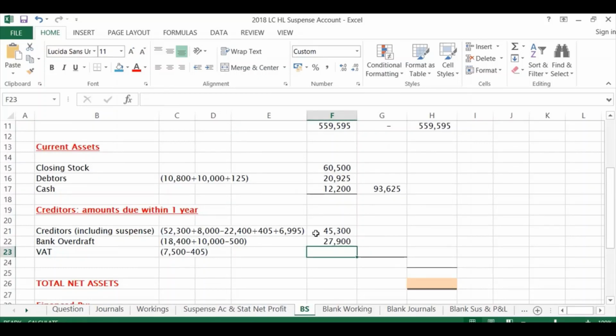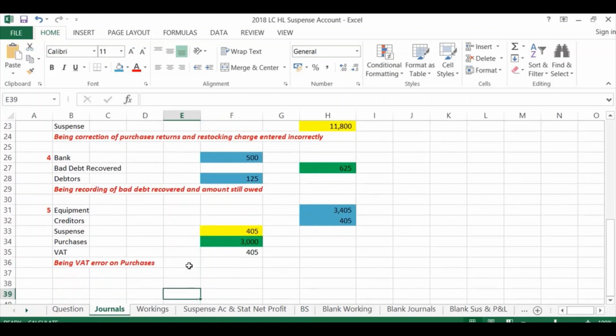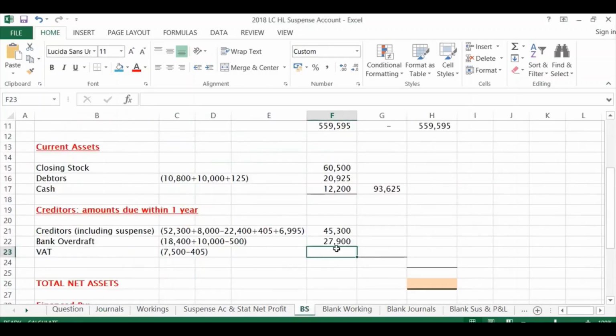And the last thing I have to do here is my VAT. So the VAT originally was 7,500, and that's a credit balance. It's a VAT liability. So this 405 here will reduce that liability by 405 euro. So I'm going to take that 405 euro away. So 7,500 minus 405 leaves me with 7,095 for VAT.